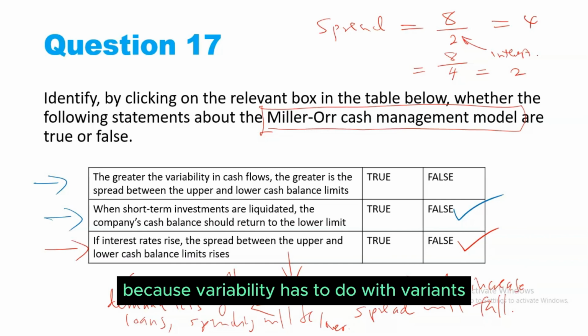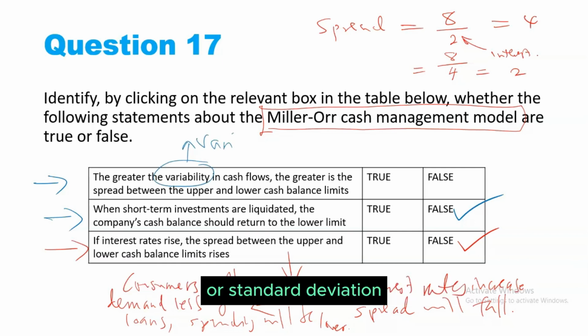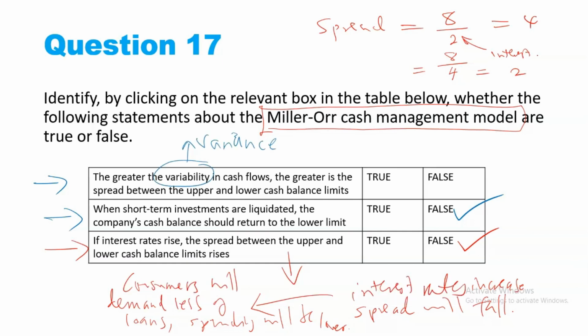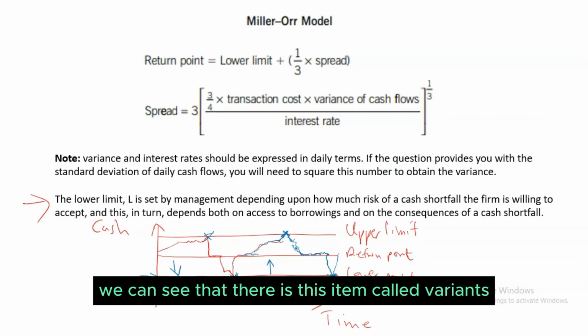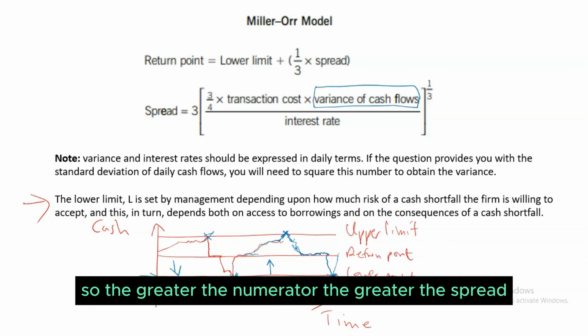Because variability has to do with variance or standard deviation. If we go to our mathematical model, we can see that there is this item called variance. So the greater the numerator, the greater the spread.